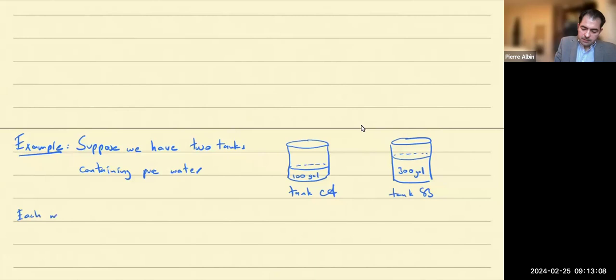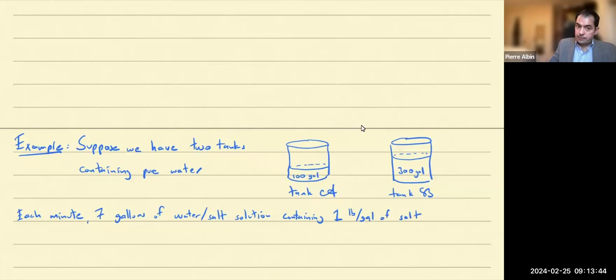Right, so now let's say that each minute 7 gallons of salt solution containing 1 pound per gallon of salt is added to tank A. So here we have some spout, and we have 7 gallons per minute with 1 pound of salt per gallon.